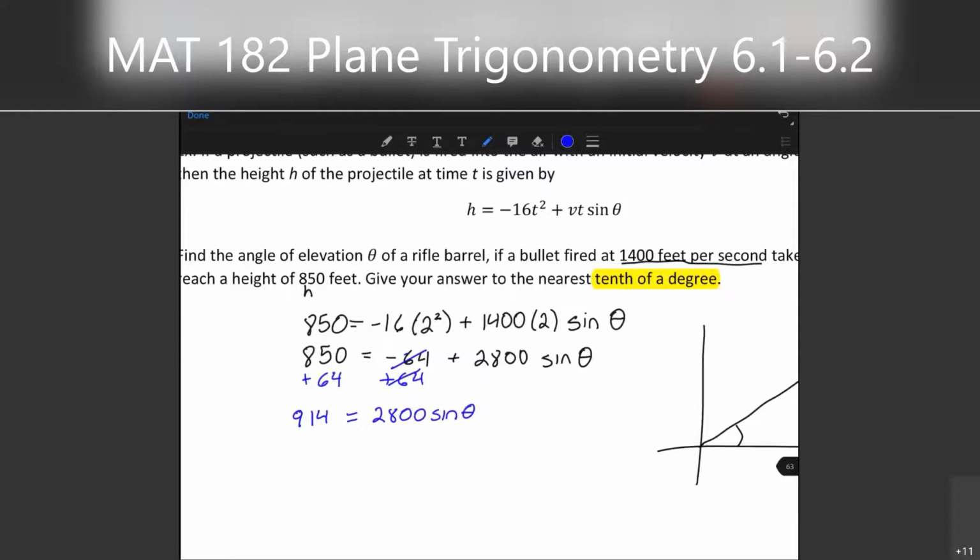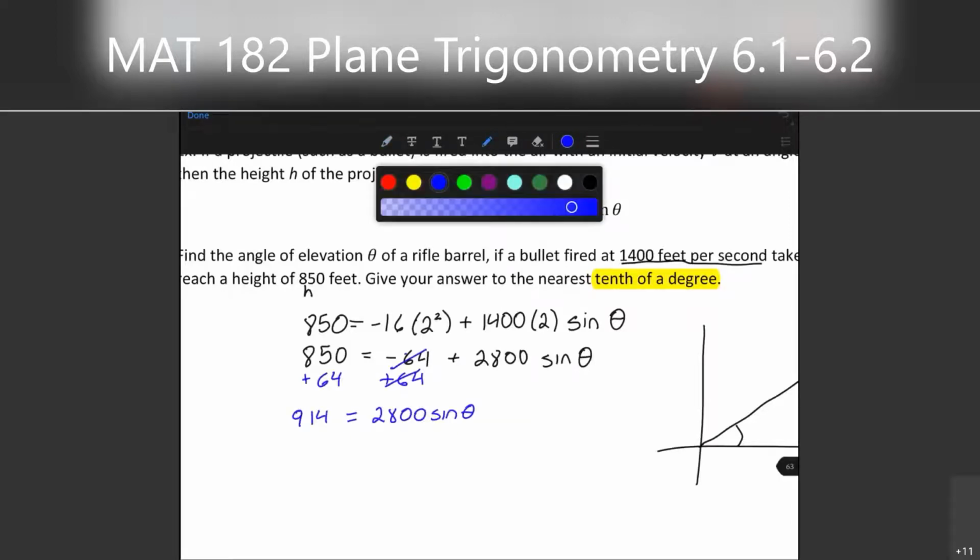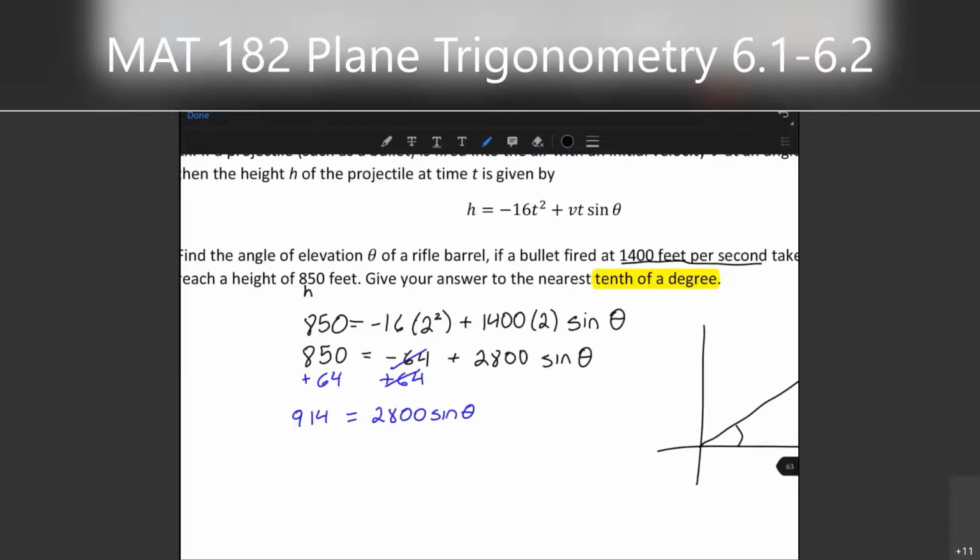What would we do next in this process? Divide. Divide by what number? 2,800. Yep. Divide by 2,800.